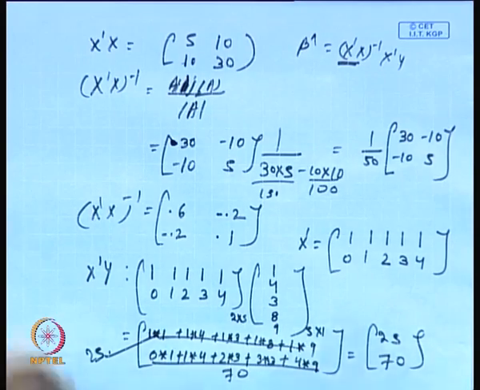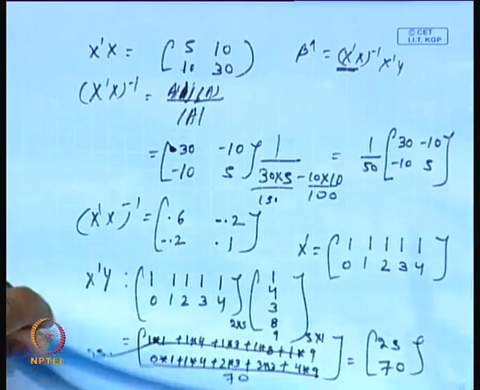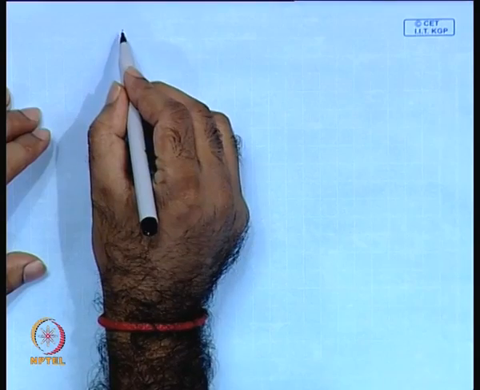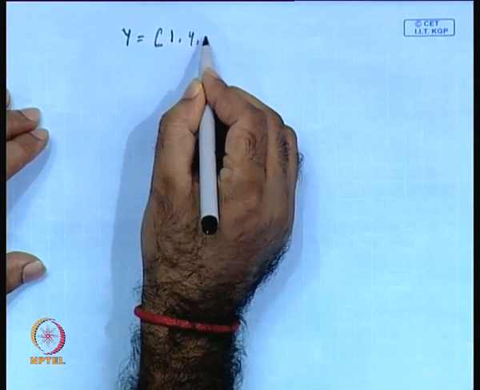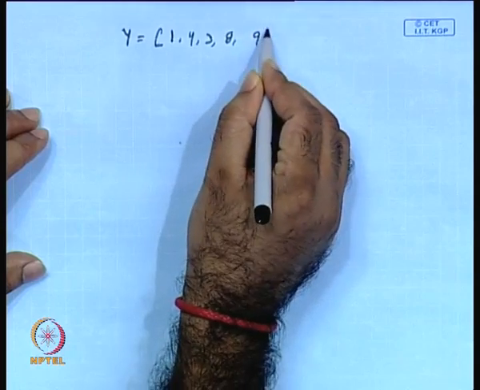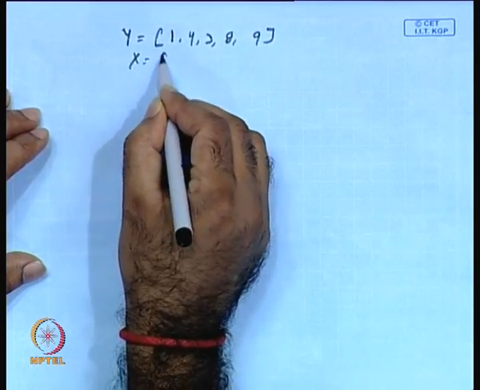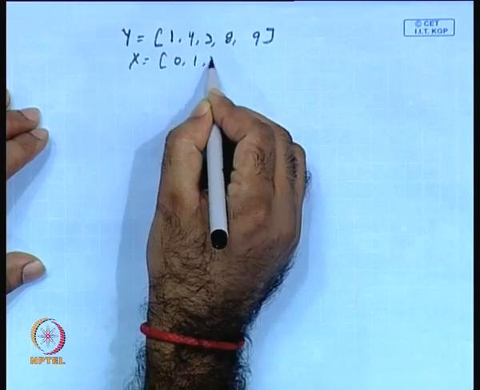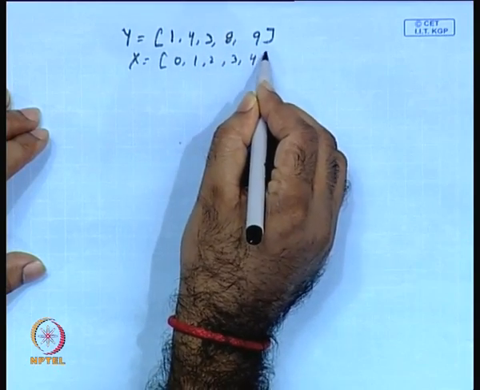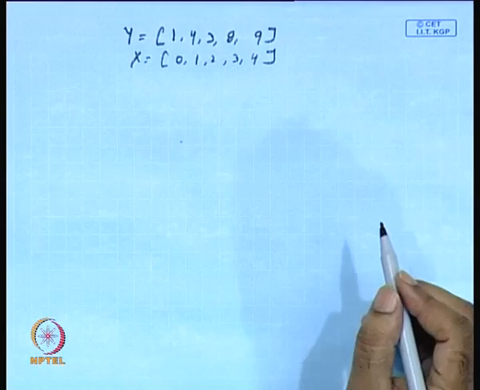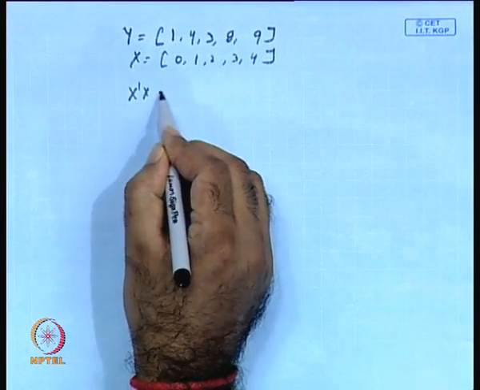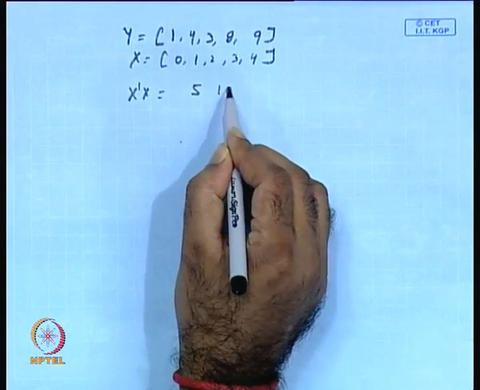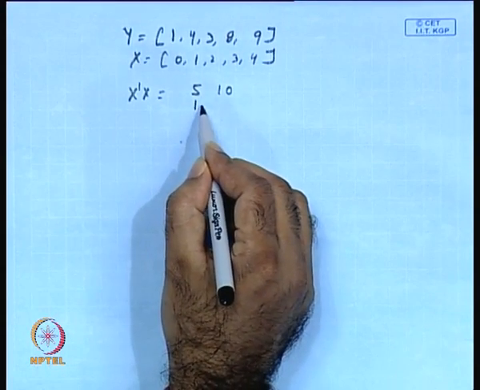Now we will just summarize. We have Y equal to 1, 4, 3, 8, 9, then X equal to 0, 1, 2, 3, 4. Then X transpose X equals [5, 10; 10, 30].